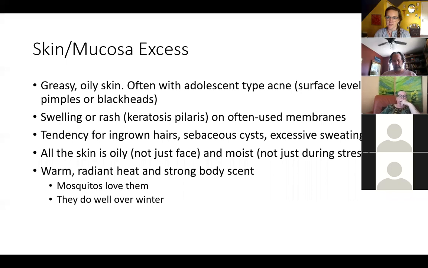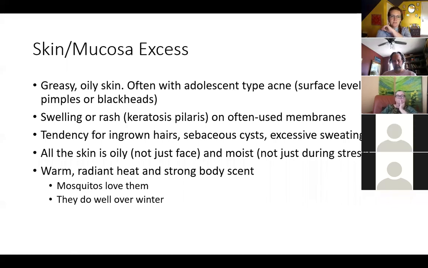And so excess looks like greasy, oily skin, often with adolescent type acne. That's the surface level acne, like pimples, blackheads, just kind of never go away. Swelling or rash. This keratosis pilaris is those small rashy bumpy patches that happen sometimes.